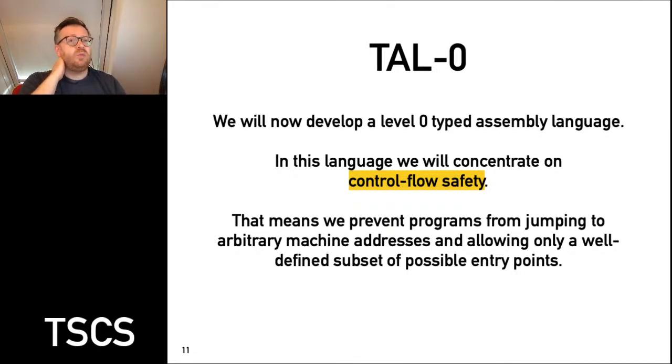And then we also prevent a couple of things that are related to jumping to arbitrary machine addresses, things like return-oriented code and so on. We prevent all that by giving us a control flow safe language.